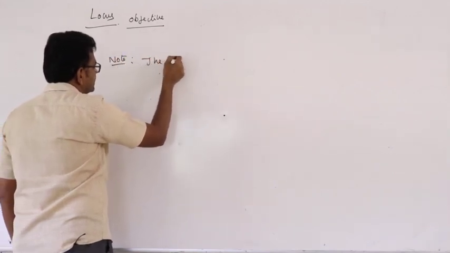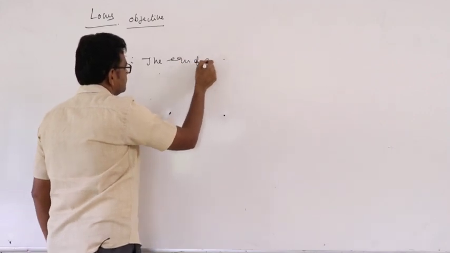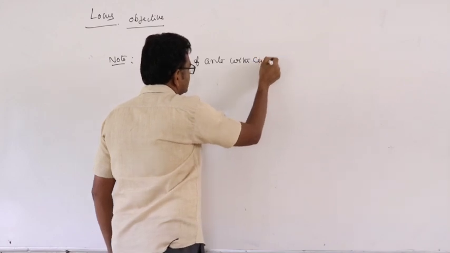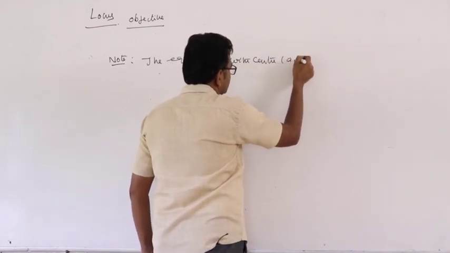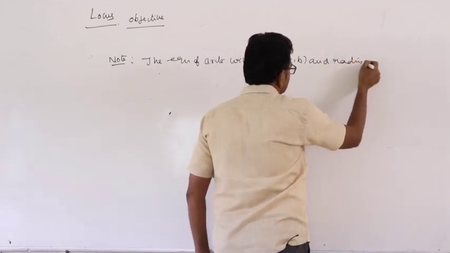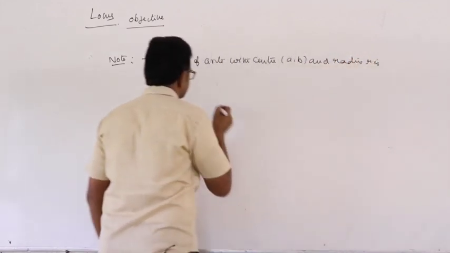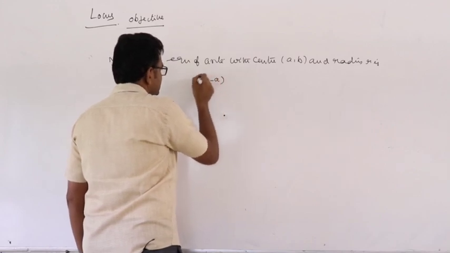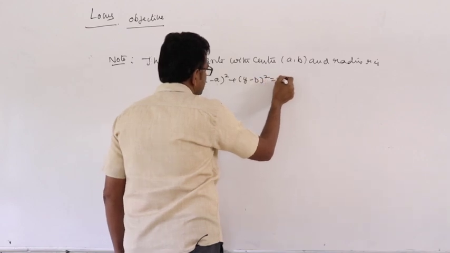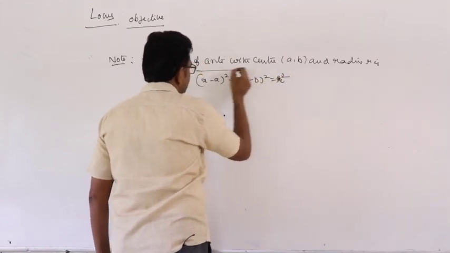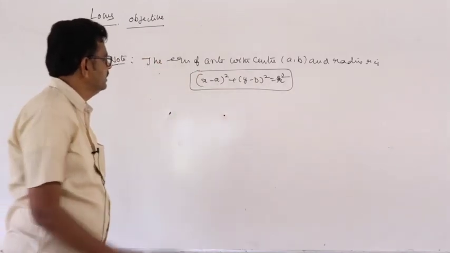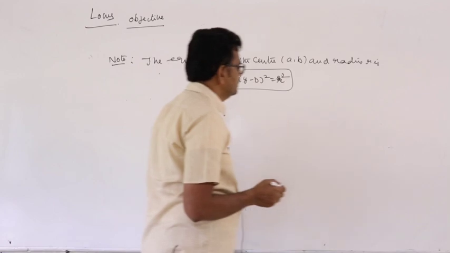The equation of circle with the center (a, b) and radius r is (x − a)² + (y − b)² = r². Equation of circle with the center (a, b), radius r.